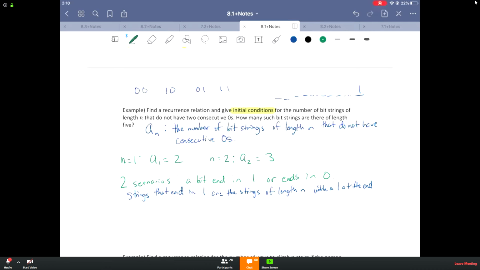How many spots do we have? It was n spots, but that last one we forced a 1 in there, which leaves us with how many spaces? Yeah, n minus 1, because we started off with n. That last spot we forced a 1, but we still have n minus 1 spots. So actually this is a sub n minus 1. We're looking at all the ones of length n minus 1.